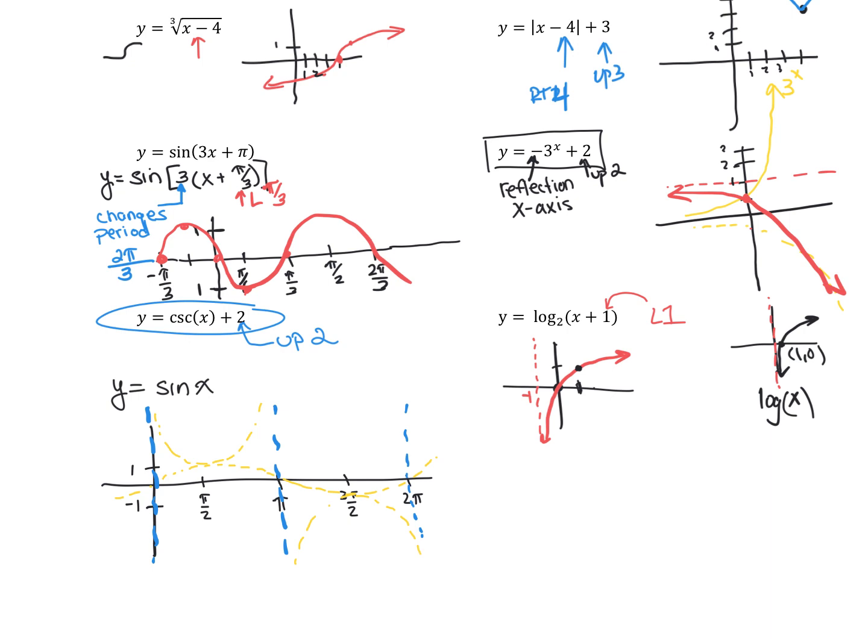So this red, I'll make it red, this red is cosecant of x. But at this point, we want to shift it up 2. So rather than this being at pi over 2, 1, we're going to shift it up 2, and our U shape will go here. And then this one, instead of being at -1, is going to be at 1, and our U shape will go down like this.